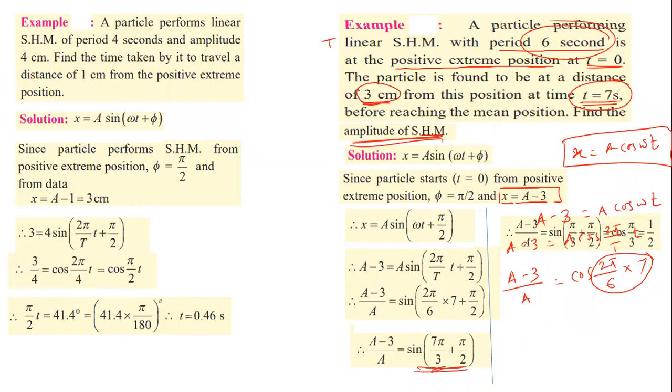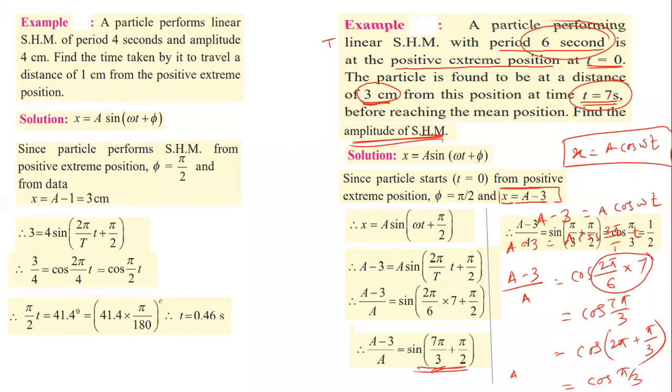This you can write as cos of 7 pi by 3, that is cos of 2 pi plus pi by 3. The cos value repeats itself after 2 pi angle, so it is equal to cos of pi by 3.